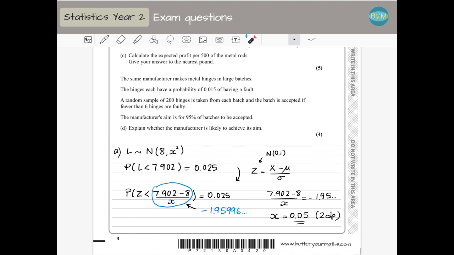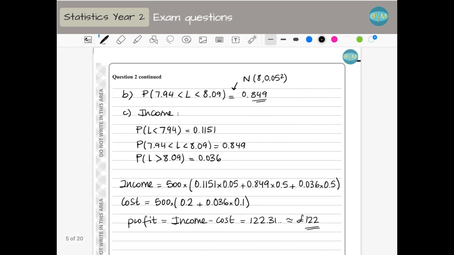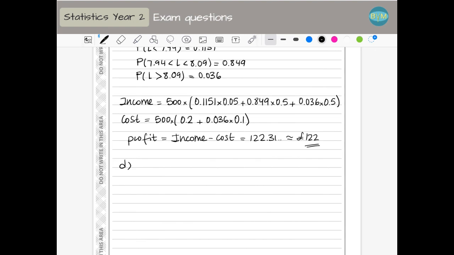So this is not our normal distribution anymore. We have a probability of success, or in this case, having a fault, and a fixed number of hinges. So we want to know what's the probability of having fewer than 6, because that's when the batch is going to be accepted. So I'm going to call X the number of faulty pieces.